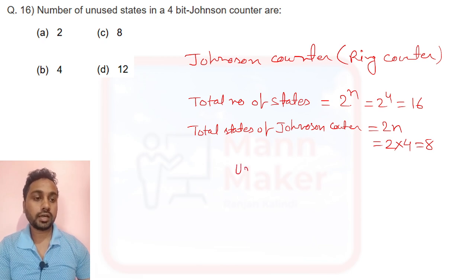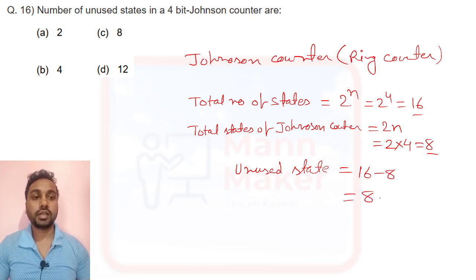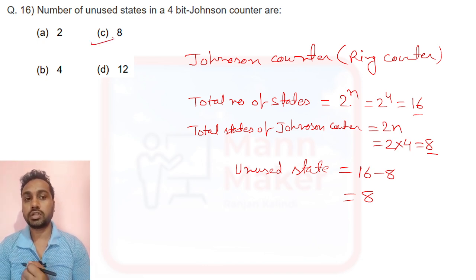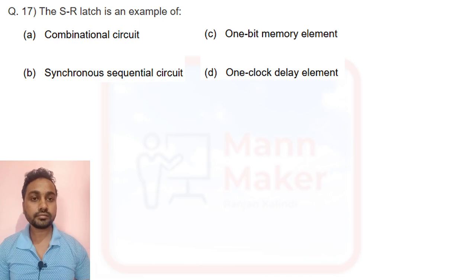So we have unused states, how much? The total is 16 and Johnson is 8. So 16 minus 8 is equal to 8, which is your right answer. So the number of unused states in a 4-bit Johnson counter is 8 only.